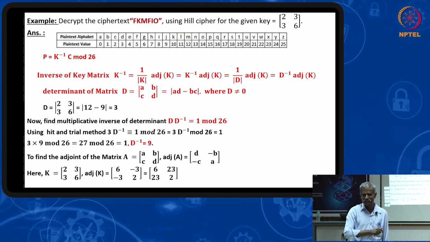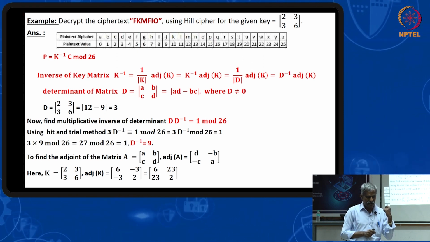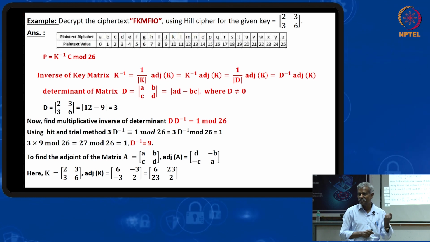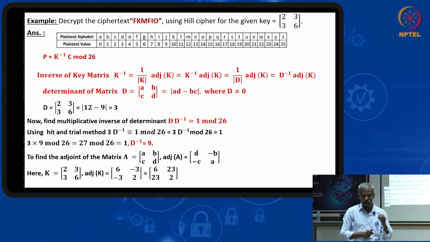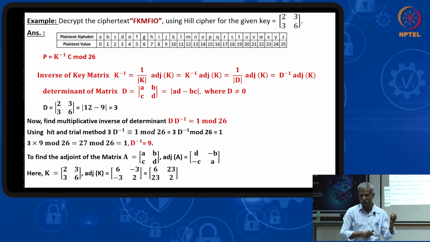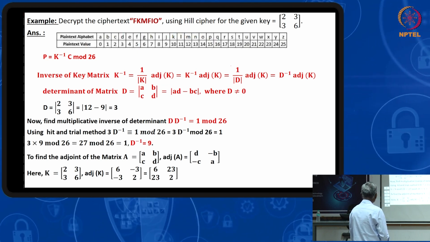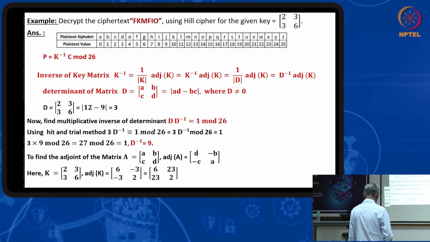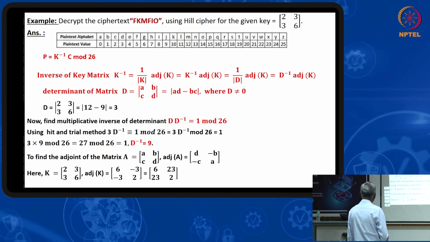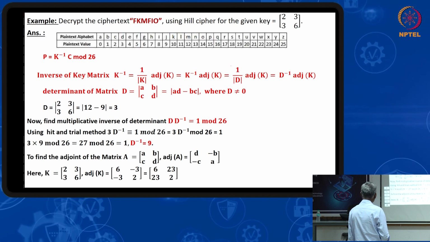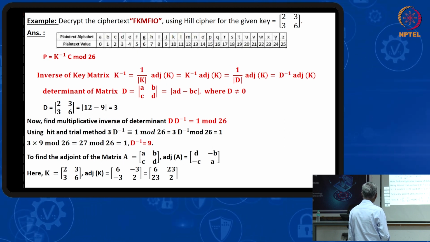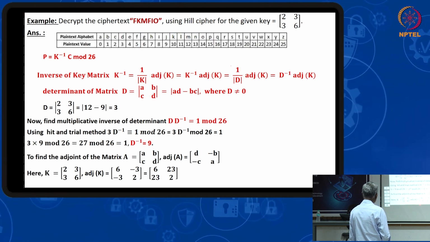So the matrix of cofactors is transposed. That is what is written here. Now if you write it like this, K equal to this one, the adjoint of K will be this one. This 6 and 2 will be changing places, and the 3 and 3 will become negative.